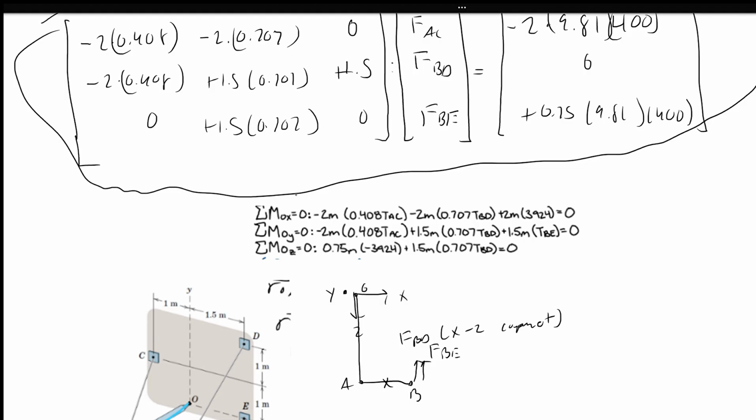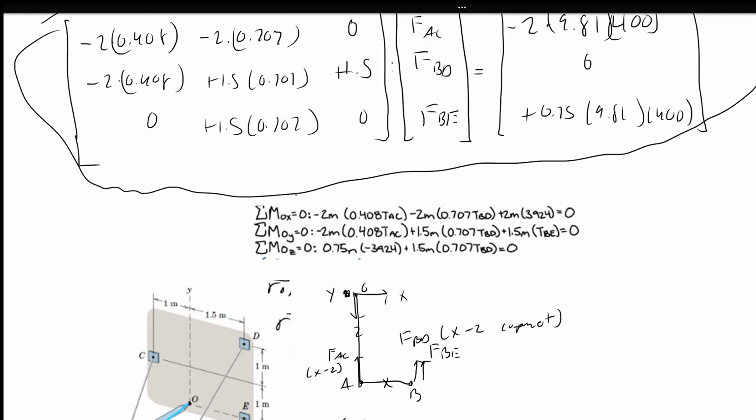And then over here I have this force FAC, and that's again the XZ projection. So that's what he's doing here. The y is coming out of us, so it's like a 2D problem. So he's summing the moments around origin y.